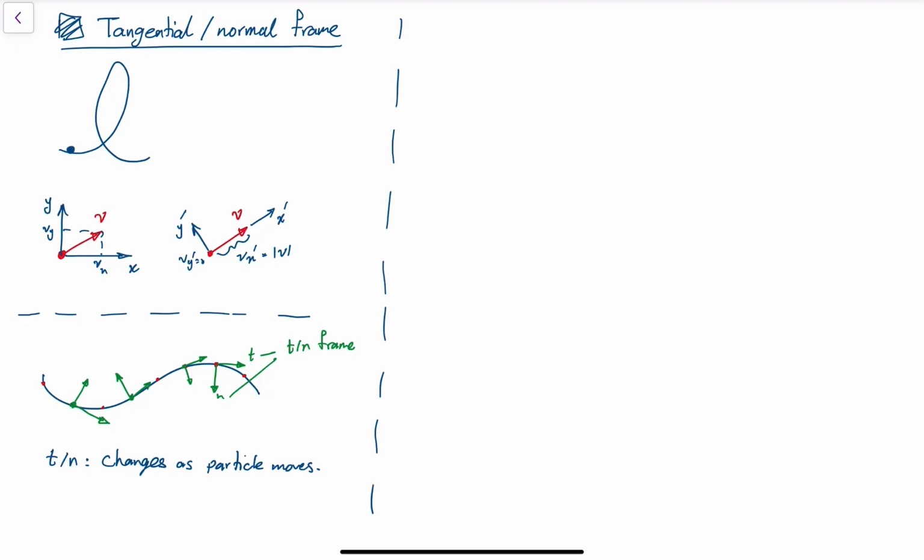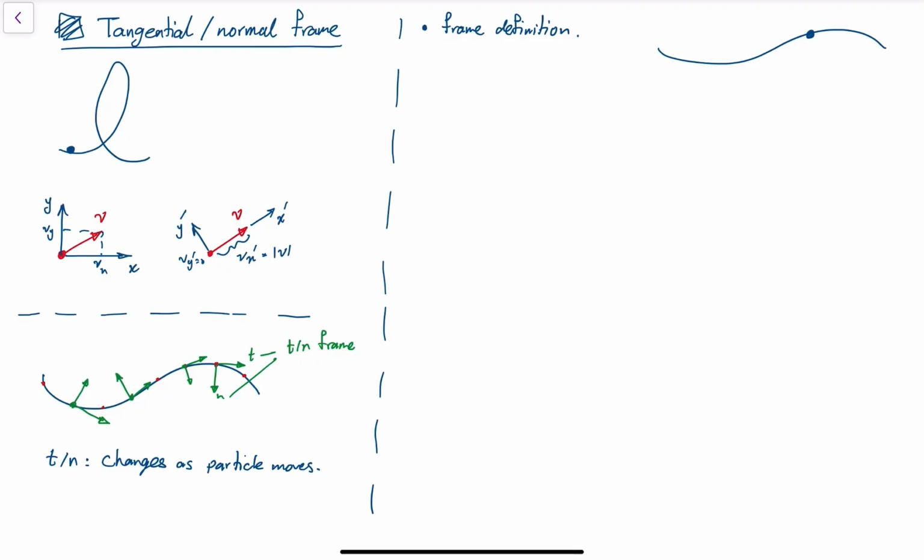Okay, now let's see how we can formally define and use this. The first step is, now that we have a changing frame, how do we define this uniquely at any time? So, frame definition. Again, we have a path. Let me draw it here. A particle on it.